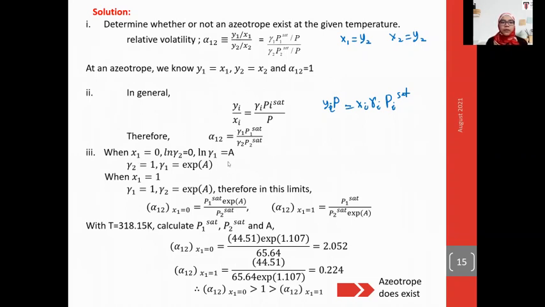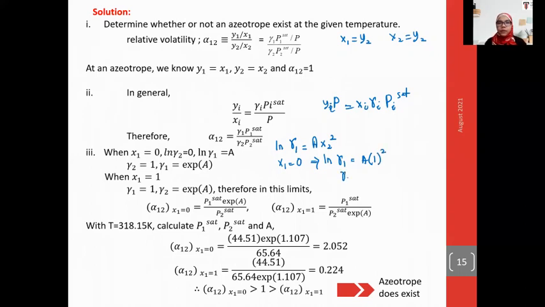When we correlate with the activity coefficient, for example, we have this general equation, A x_2 squared. If we have x_1 equal to 0, it comes to ln gamma_1 equal to A, since x_2 equal to 1.